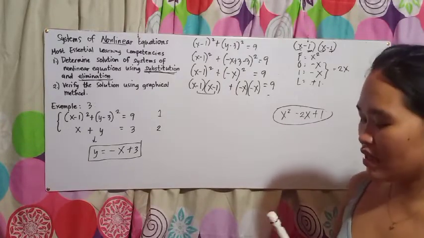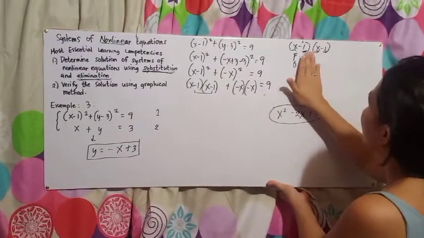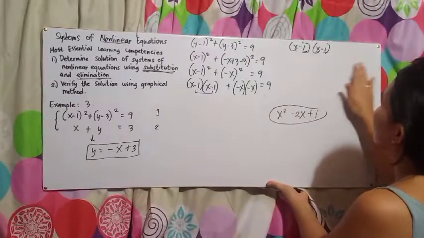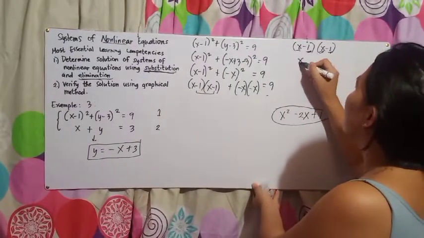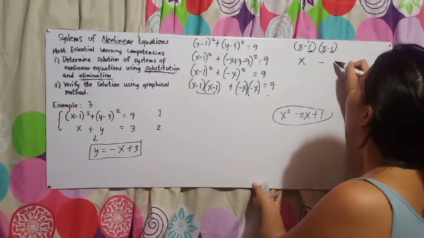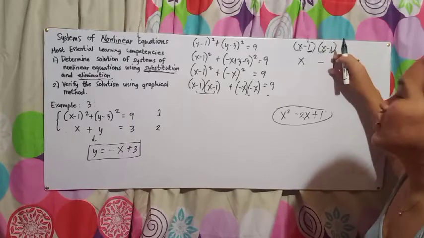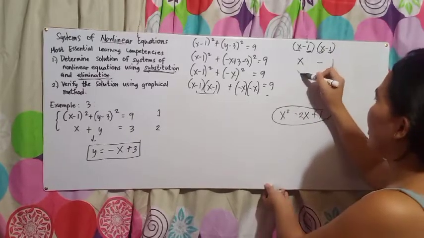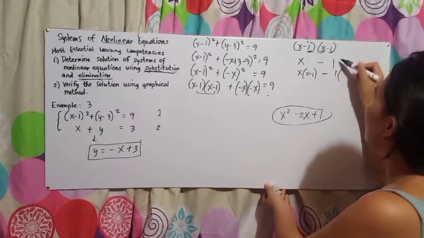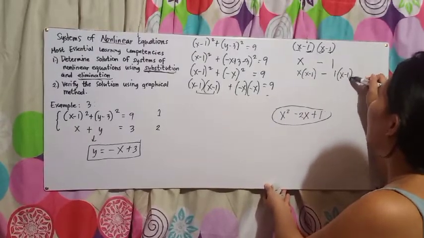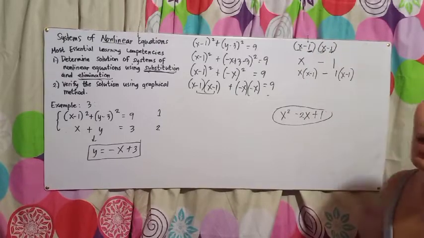Okay, next is the distribution method. For x minus 1, the second factor, you distribute term by term.